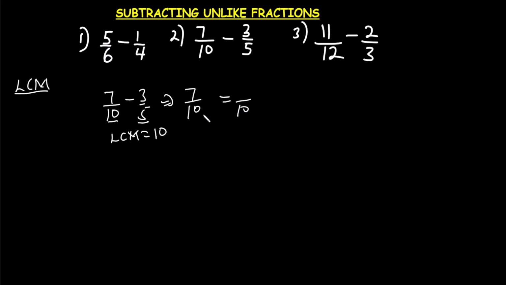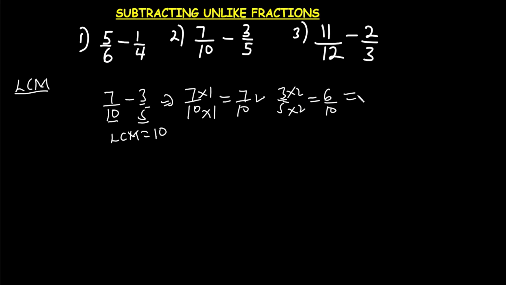Now, after we have known the LCM, we just equate each of the fractions to the LCM. 10 multiplied by what number gives us 10? 10 times 1 gives us 10, and then the 1 you also multiply to the 7. 7 times 1 is 7. Then take the second fraction, 3 over 5, and equate the denominator to 10. 5 times what number gives us 10? 2, and then also 2 times 3 is 6.